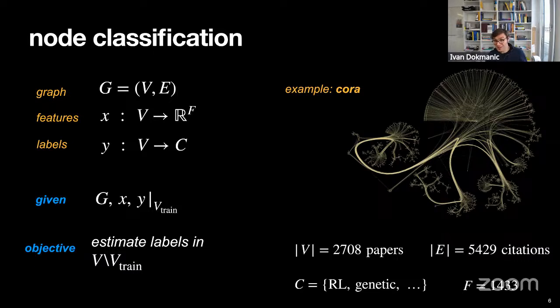There are 7 classes, so you can solve a classification problem that corresponds to different computer science topics. The feature vector is quite long because it corresponds to a multi-hot encoding of a bag-of-words representation of these documents. So this feature vector is very high dimensional, but maybe there are not 1,500 independent dimensions there. This is just to get a sense of the problems. Of course, we also work with much larger graphs and also with smaller graphs.